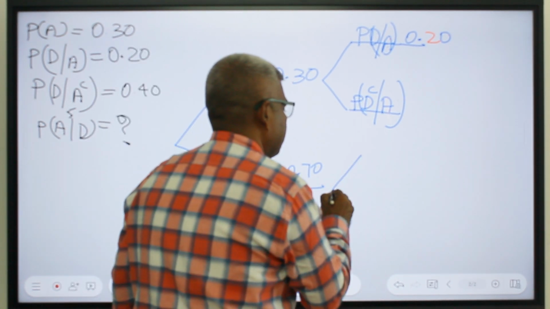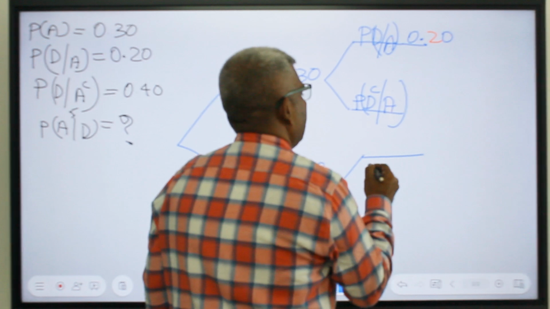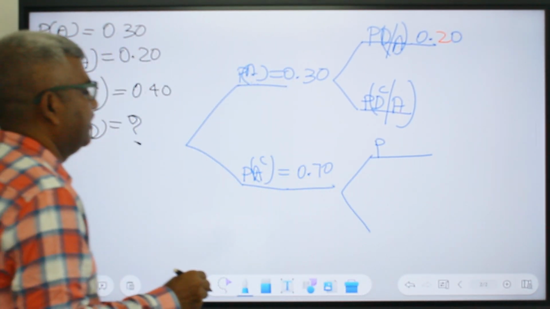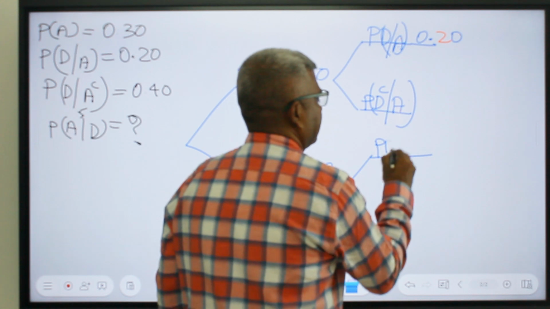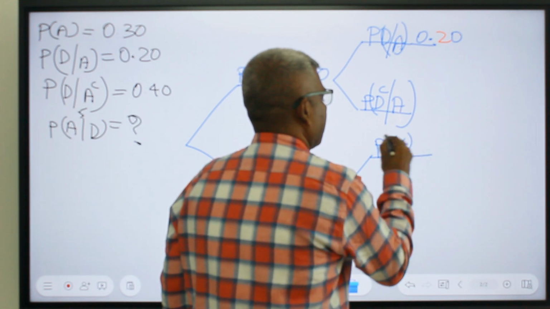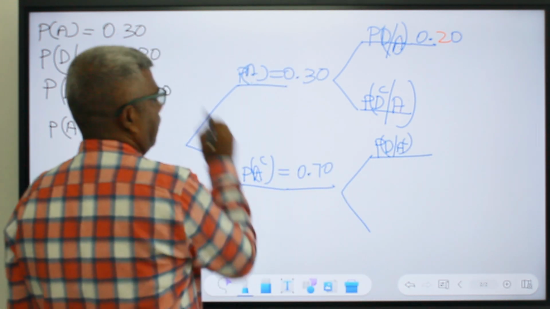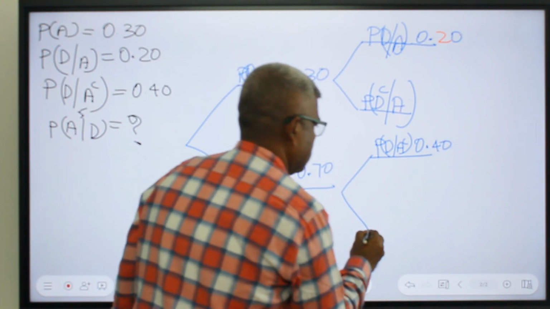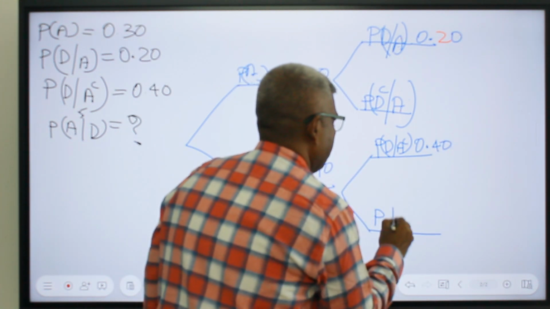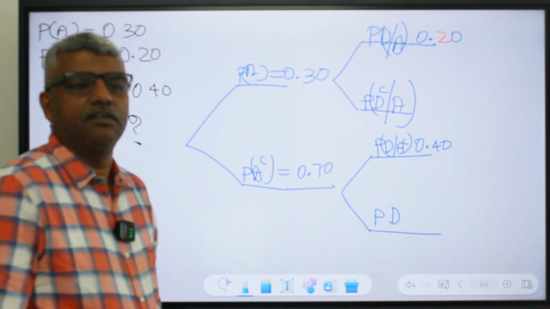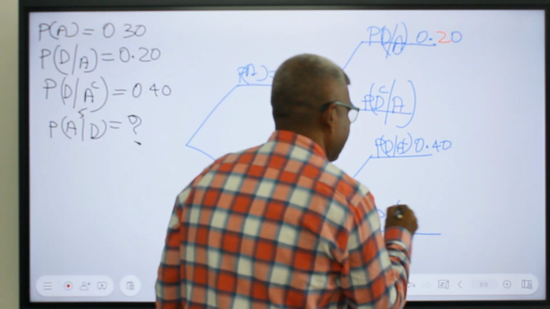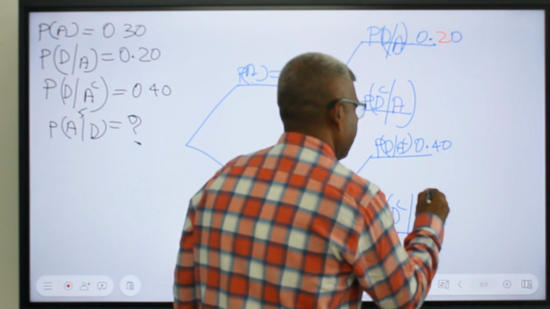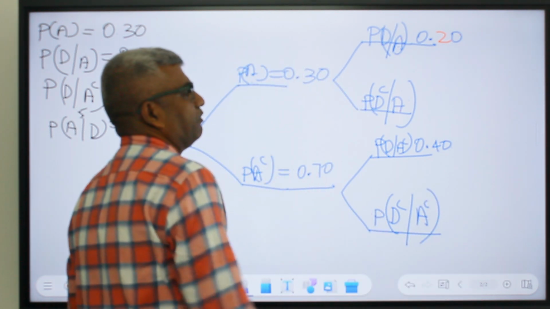Okay, next. Probability of D given A complement is what? 0.4. So what will come here? Probability of other than D, D complement given A complement. What is the value?